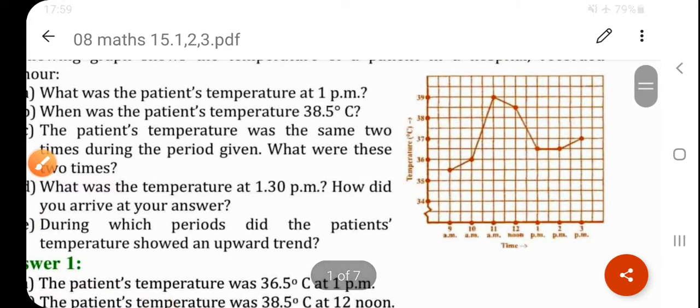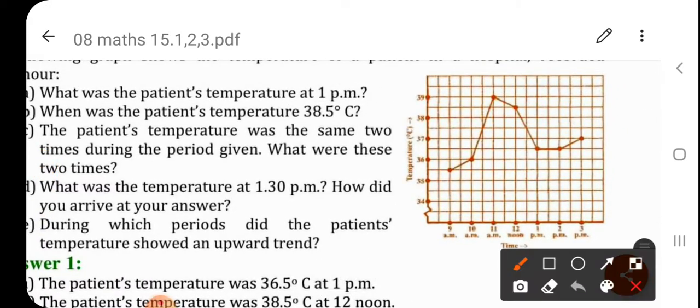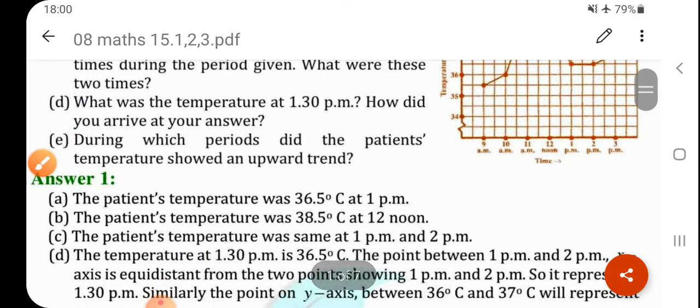So one by one, first we have to see 1:30 p.m. between the 1 and 2. At the same point, we have to see the y-axis also. So extend this point towards the y-axis, and you will get the point between 36 and 37.